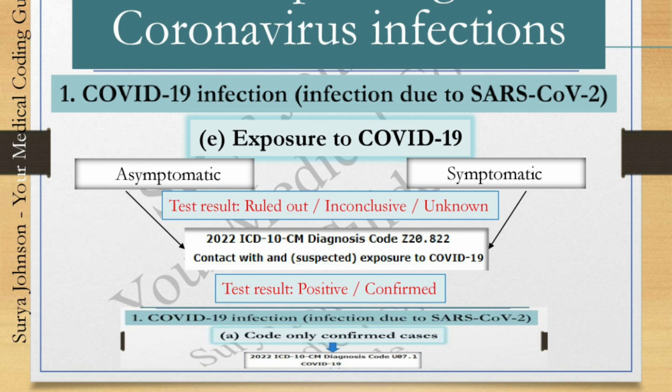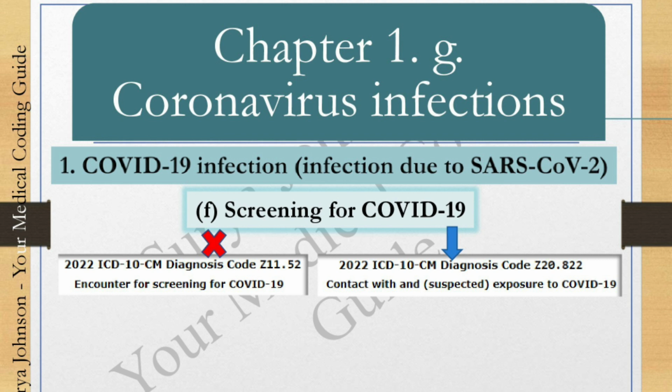So the next one, 1F, screening for COVID-19. So if the patient comes to the facility only for screening, in this scenario, you should not code that encounter for screening for COVID-19, because the description very much excites you to code that one, Z11.52, which is encounter for screening for COVID-19, but you should not choose that code. Instead, you should always choose Z20.822.